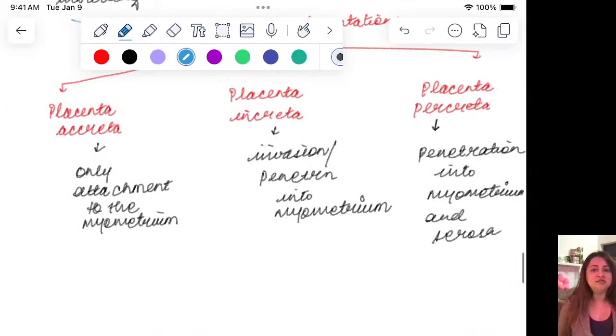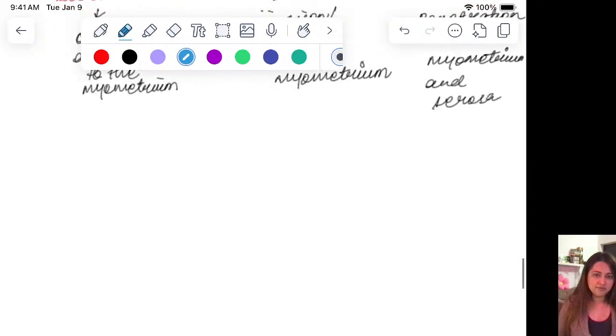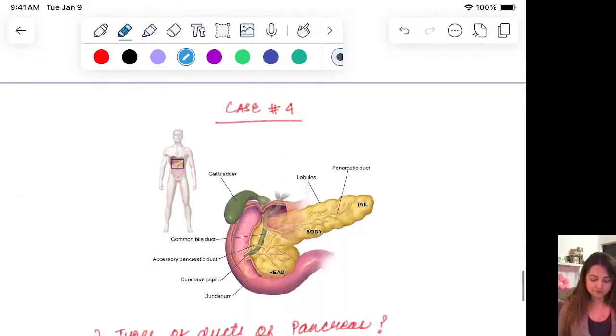This we have already discussed. Okay, these three situations. And yes, someone is talking about the risk factor. The risk factor, previous LSCS. Okay, yeah, that's a risk factor. Or previous uterine manipulation, that could also be a risk factor for the development of abnormal placentation.